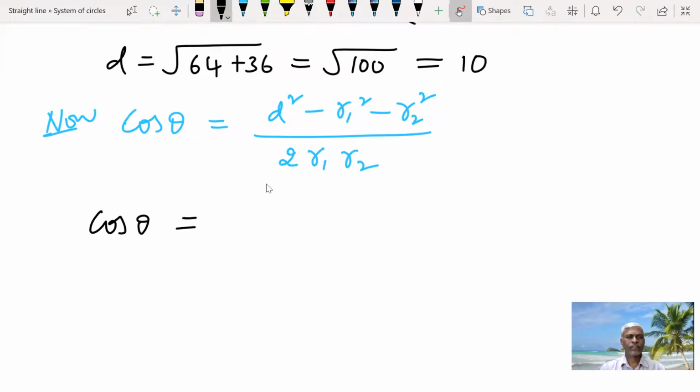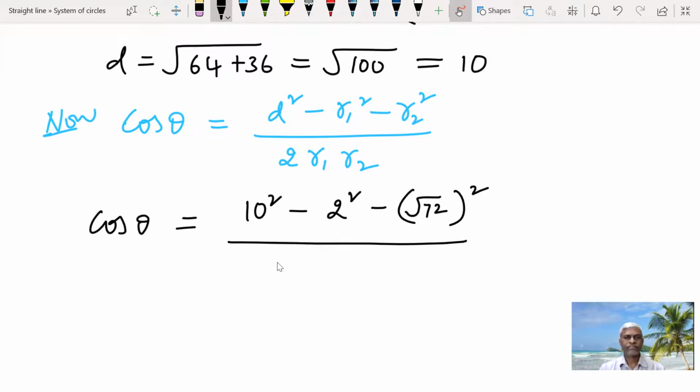Cos theta is equal to D square, 10 square, minus R1 square, that is 2 square, minus root 72 square, by 2 into R1, 10, R2 root 72 or 6 root 2.